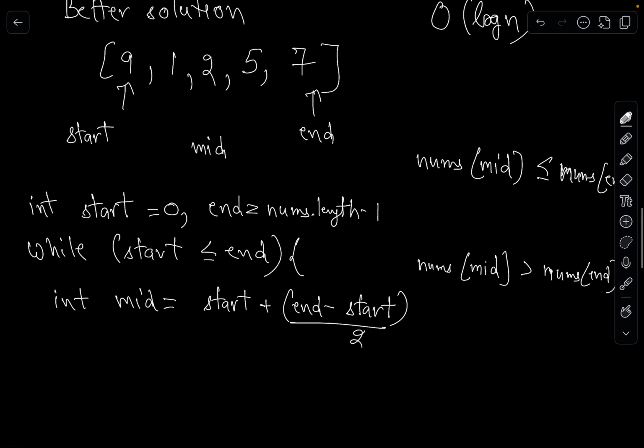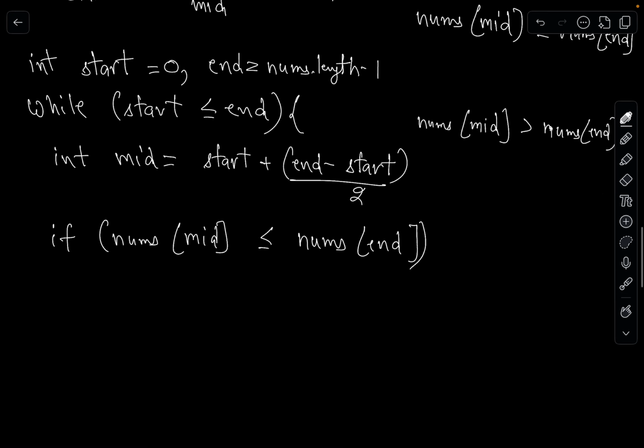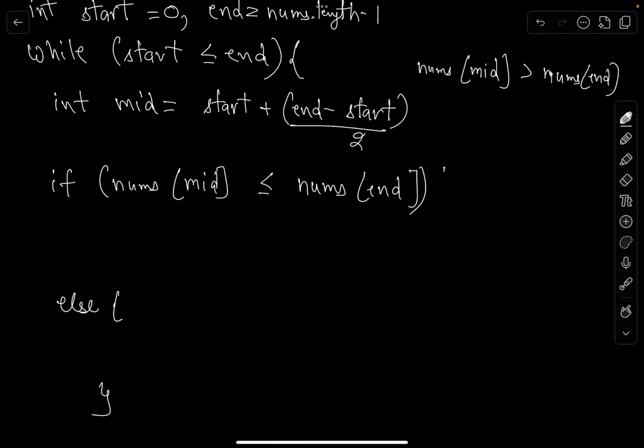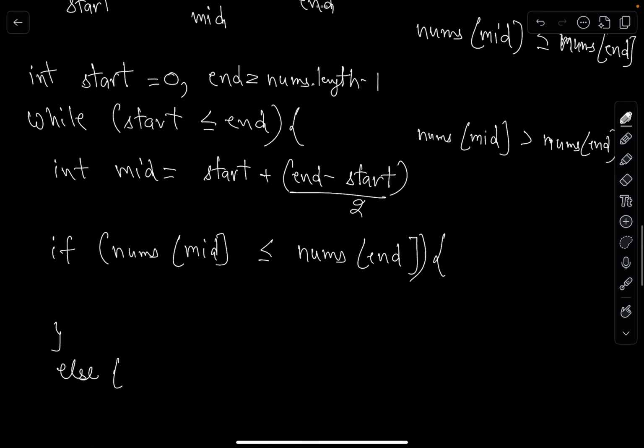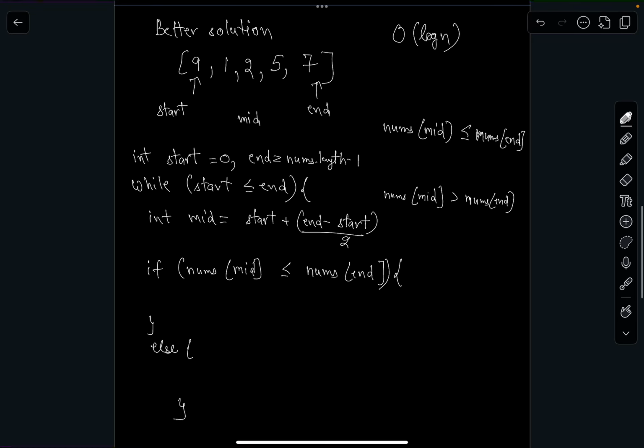Now, as I said, there could be only two cases. Either nums[mid] would be less than nums[end], or there will be the other case when it will be greater than. Here I am writing both the cases. This is the standard binary search that I have written.